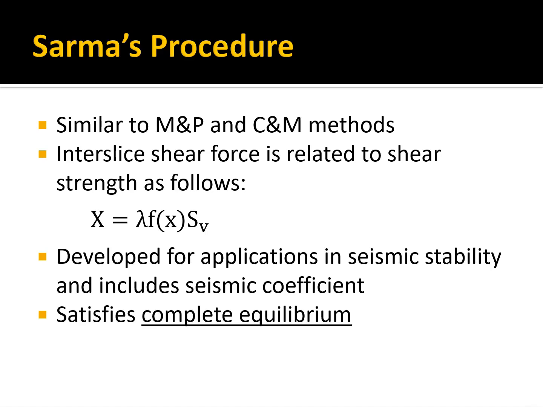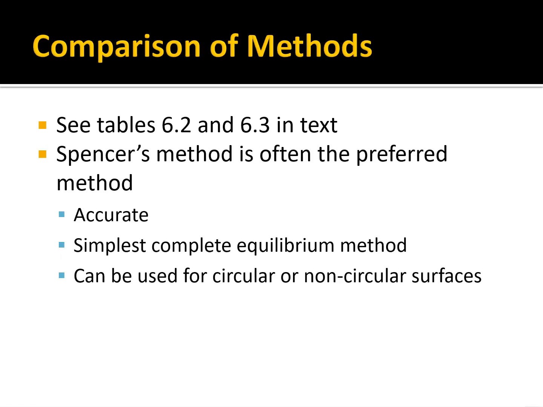And this is developed for applications for seismic stability, and therefore it includes a seismic coefficient. And again, satisfies complete equilibrium. So if you look at tables 6.2 and 6.3 in the textbook, there's a summary of all these different methods.